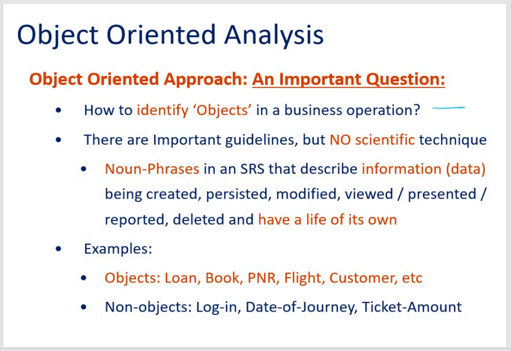But before that, let's talk about some of the important questions in my object-oriented approach. Now the point is how to identify objects in the business operation. There are important guidelines, but no scientific technique to identify an object in a business operation.